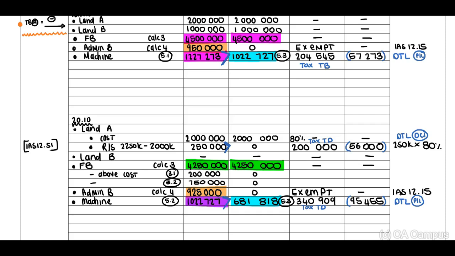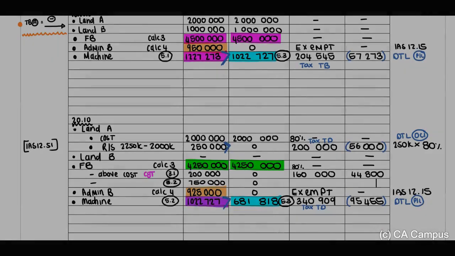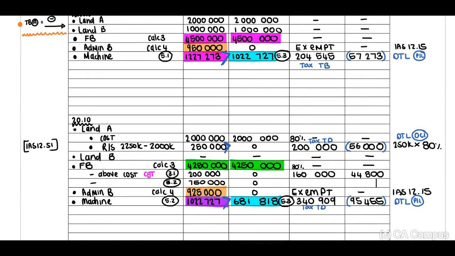Now the 200,000 that we have calculated, we've indicated, should be taxed based on our CGT rate. Therefore our temporary difference will be the 200,000 times 80%. The temporary difference will be 160,000 and the deferred tax 44,800. Now, is this a taxable or deductible temporary difference? Again, carrying amount exceeds our tax base. Therefore, this is a taxable temporary difference.